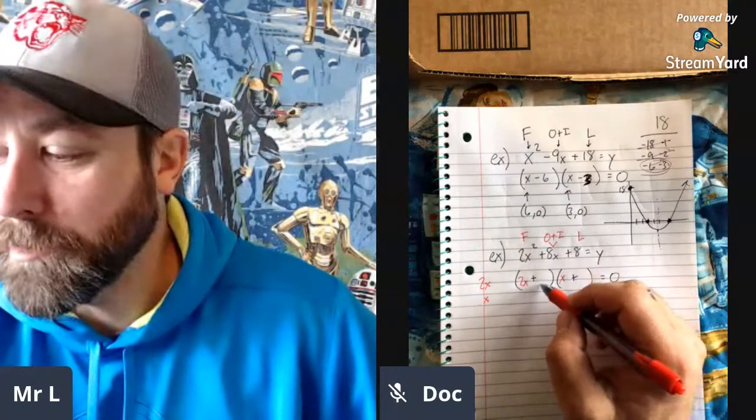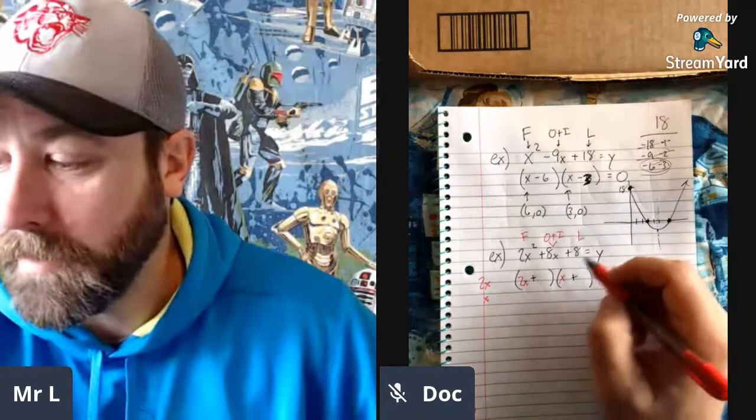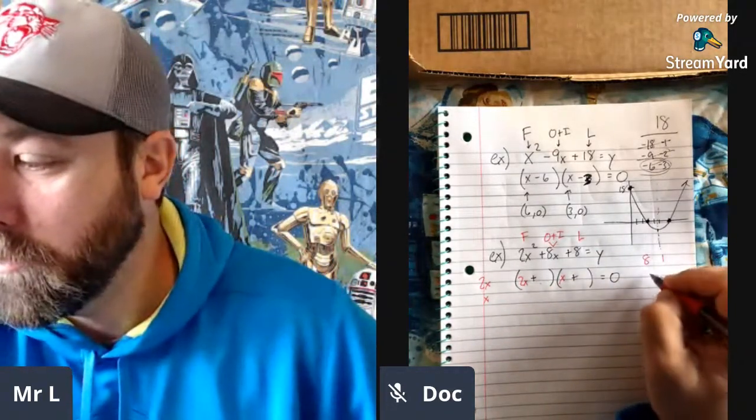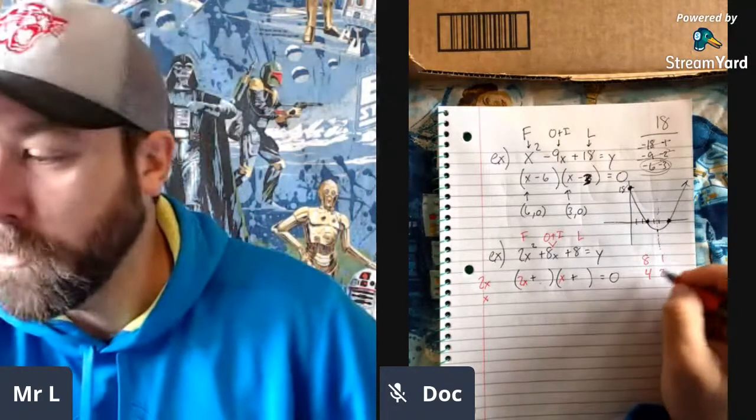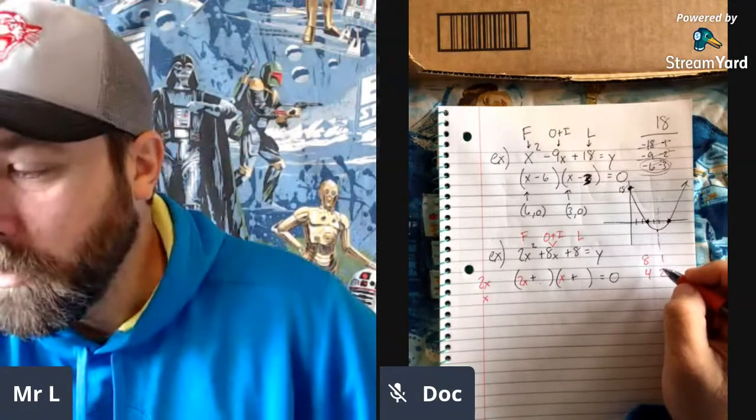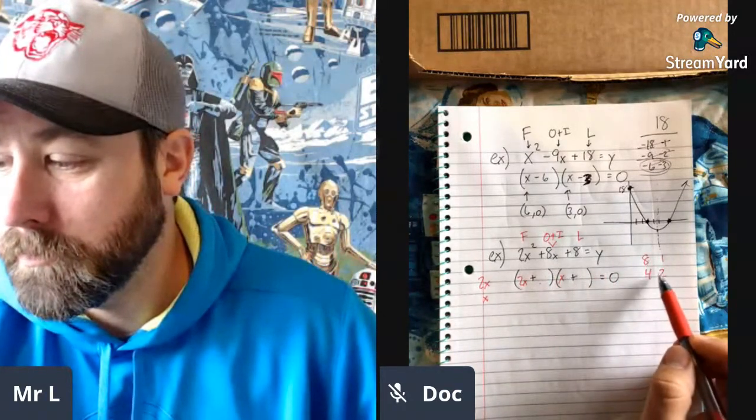But my last terms, I know that my last terms have to multiply together to give me a positive 8. And I know that everything's positive in here. So that could be 8 and 1, 4 and 2. Those are my only choices. However, neither of these add up to an 8, right? 8 plus 1 is 9. 4 plus 2 is 6, sorry.